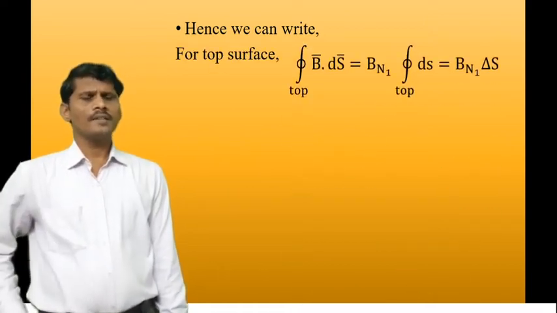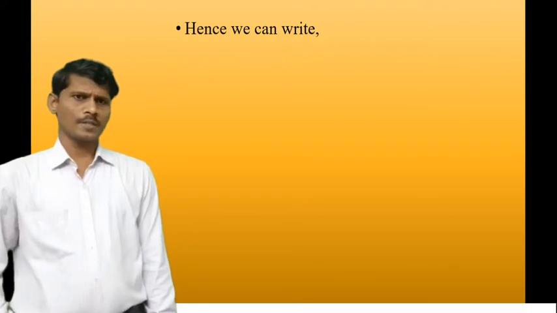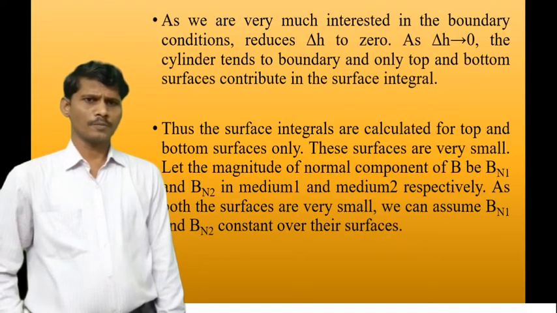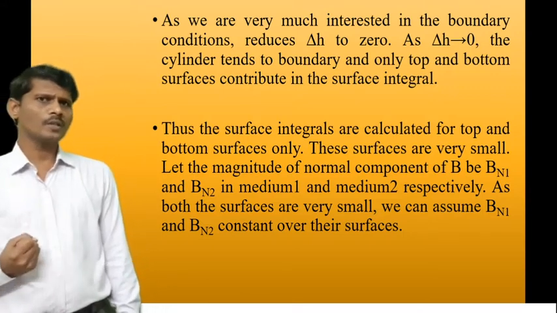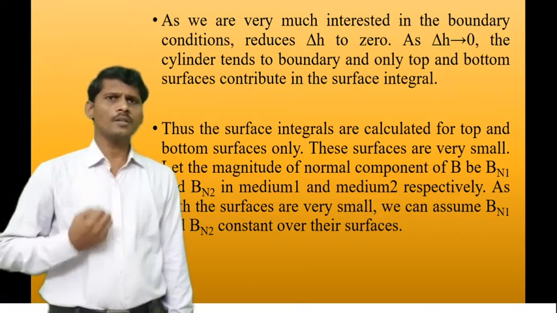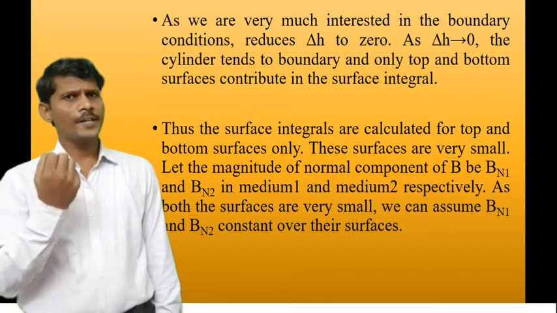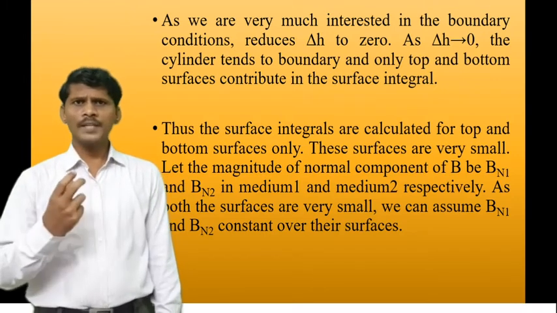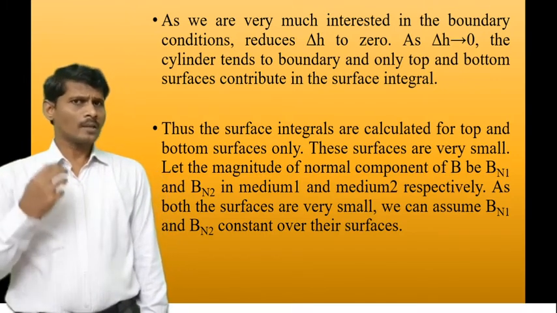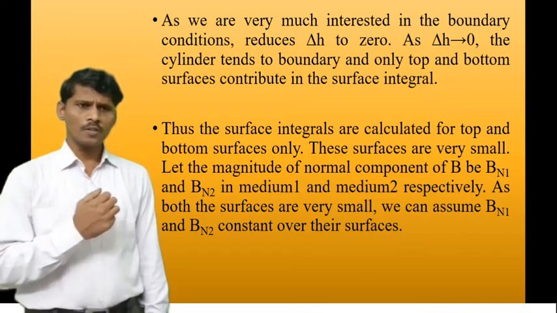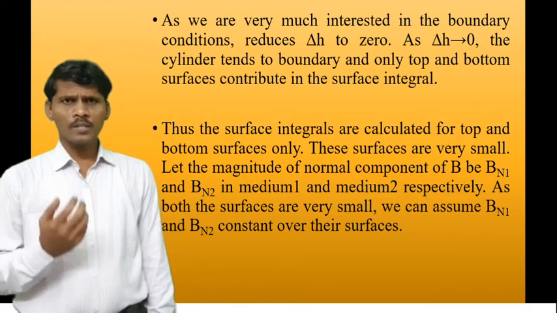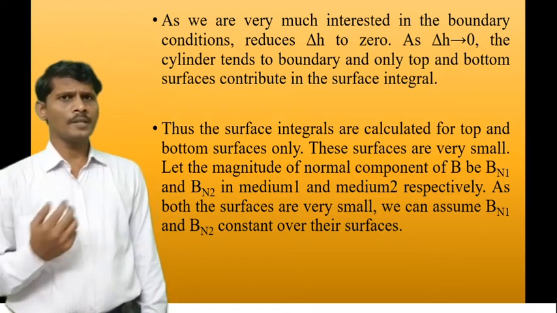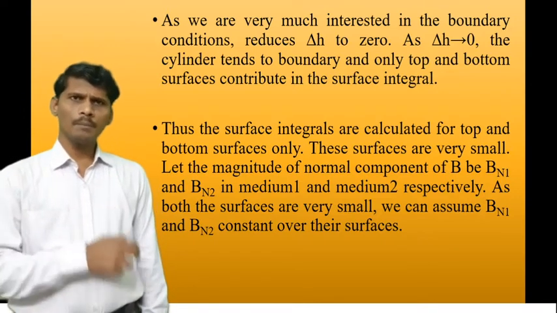Next calculate the top surface. The magnetic flux density can be assumed to be constant. The normal components of the magnetic flux density in medium 1 and medium 2 are Bn1 and Bn2. So B1 is equal to Bn1 and B2 is equal to Bn2.